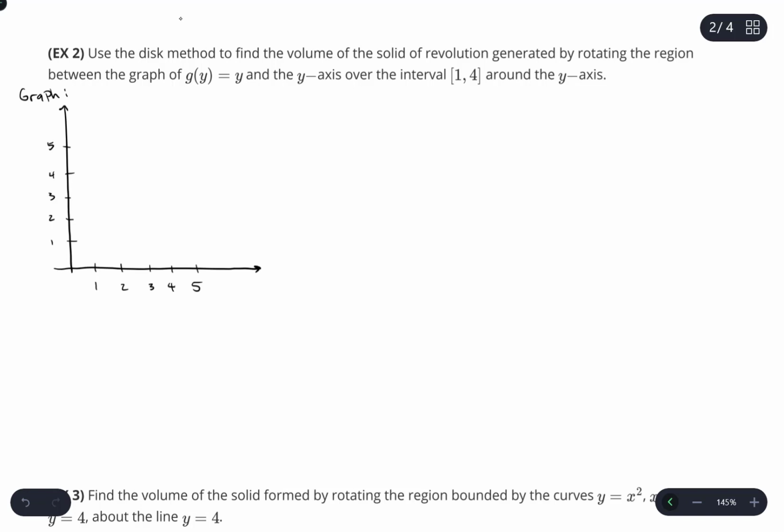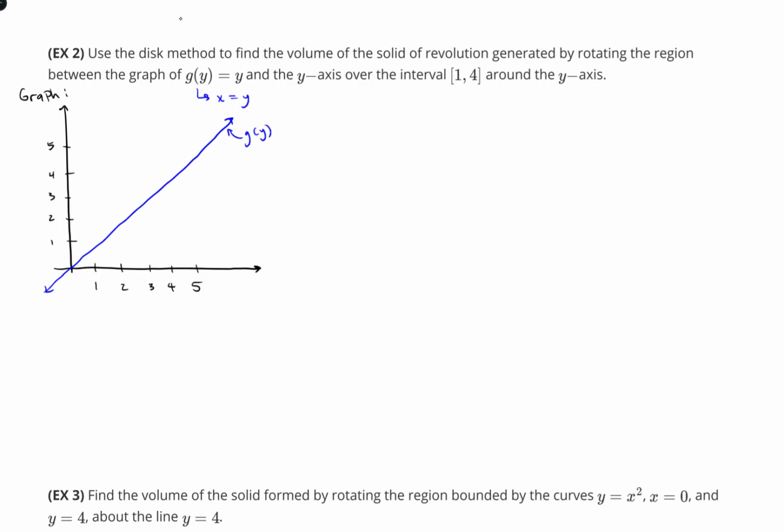That should be fine. So I have the graph g of y equals y. This is effectively x equals y, which is just a line like this. There's my g of y.